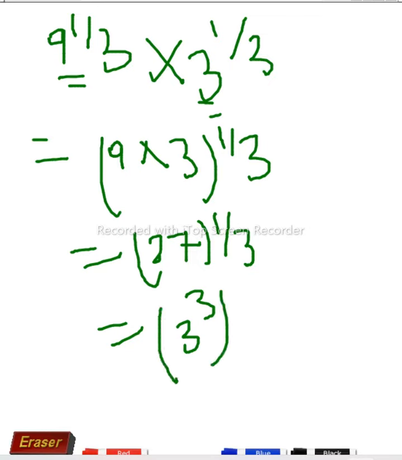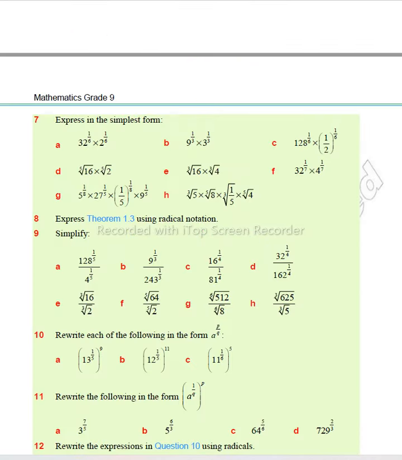Again we have here 1 over 3. 3 times 1 over 3 is 3 over 3, which means the same as 1. So we can cancel this, and we get that 3 is the final answer for question letter B.